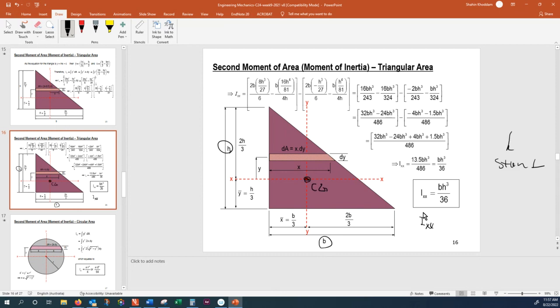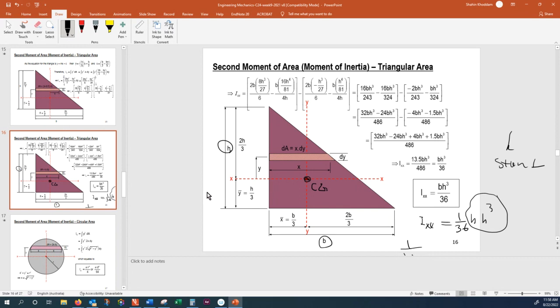If you ask me what a standard is, a standard is when the x-axis or the bending axis passes through the center of area. So for the standard moment of inertia, that is 1 over 36 BH cubed. BH cubed makes that comparable to the rectangular section, but this coefficient makes that different. So this is much smaller than 1 over 12, isn't it? The rectangle's was 1/3 for the non-standard case. So you can make a comparison. A triangle is weaker than the identical rectangular section. Okay, that makes sense.